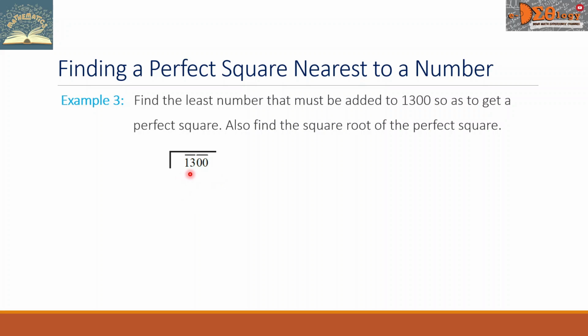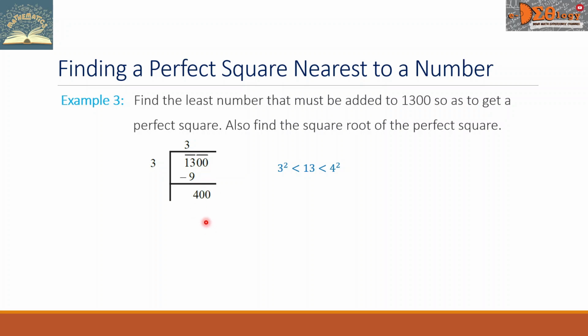Notice that in the first bar, the number is 13. The number 13 is in between 3 square, which is 9, and 4 square, which is 16. So we use this small number in here, the number 3. So the square root of 13 is 3. 3 times 3 is 9. When we subtract, the answer is 4.